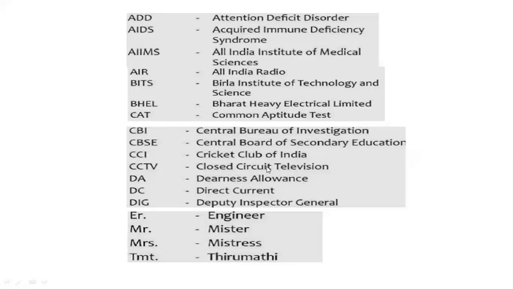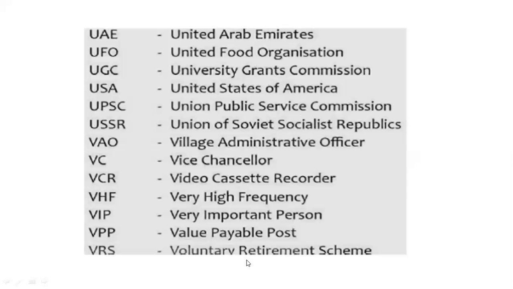CCTV, Closed Circuit Television. DA, Dearness Allowance. DC, Direct Current. DIG, Deputy Inspector General. ER, Engineer. MR, Mister. MRS, Mistress. TMT, Tirumadi. UAE, United Arab Emirates. UFO, United Food Organization.